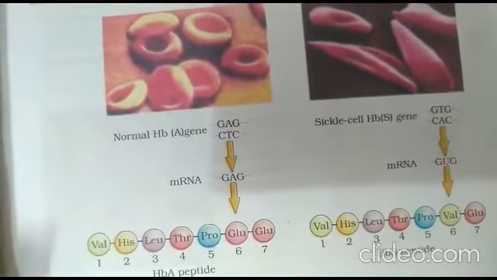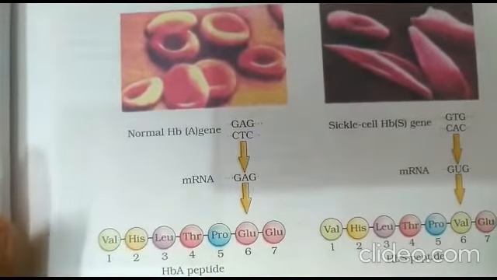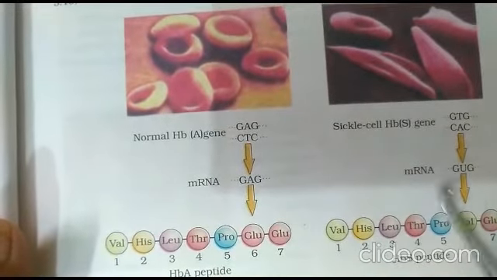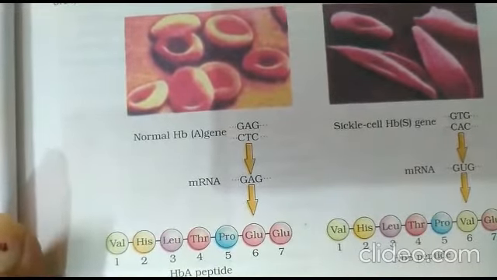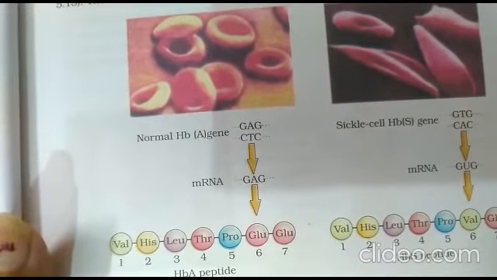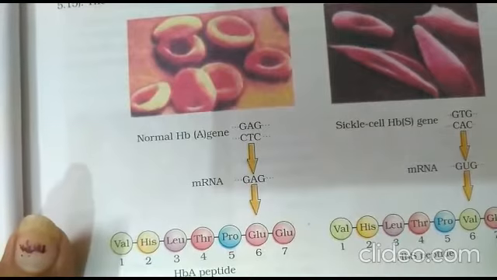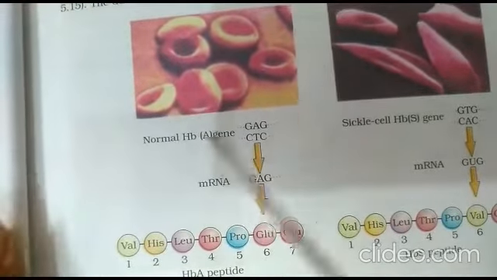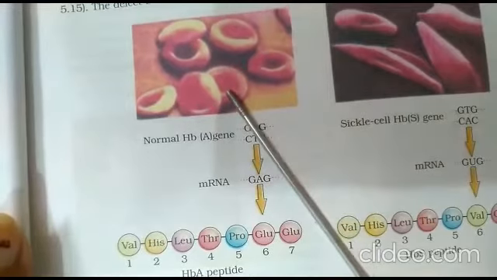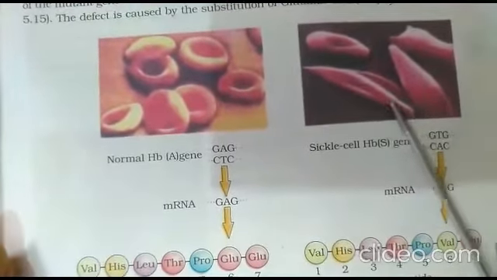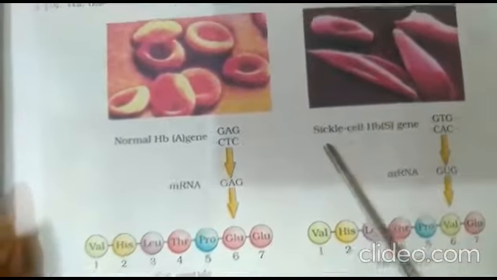Yes, my dear students, now you can also see through this diagram the configuration of the defective alleles and how it causes the sickle shape of the RBC. Just see, it is the normal hemoglobin RBC cells, and it is the sickle cell RBC cells.